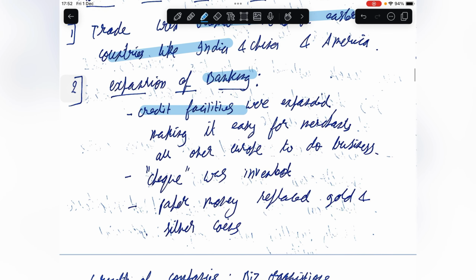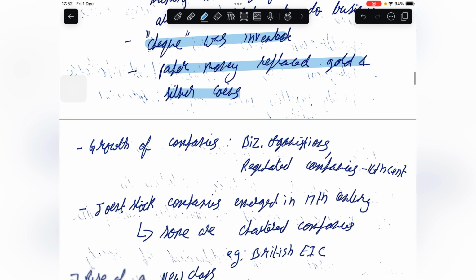The cheque was invented for the first time. Paper money replaced gold and silver coins. This is where paper money came into existence and became very important. Due to the commercial revolution, trade led to growth of companies and organizations.